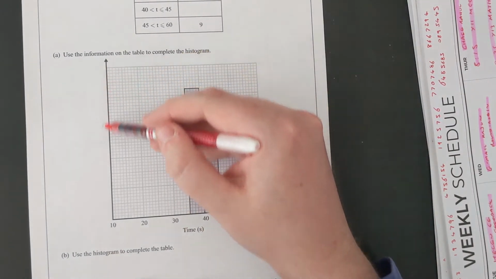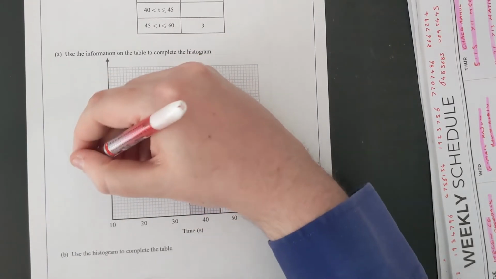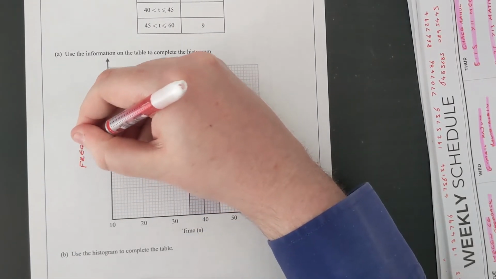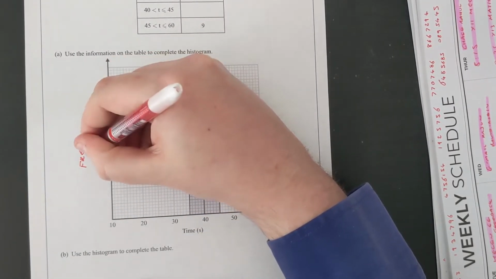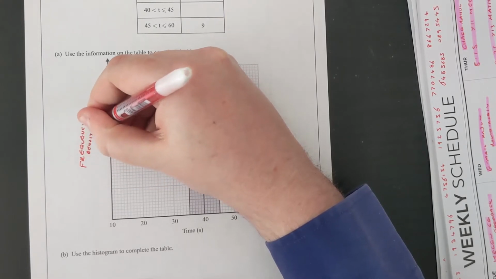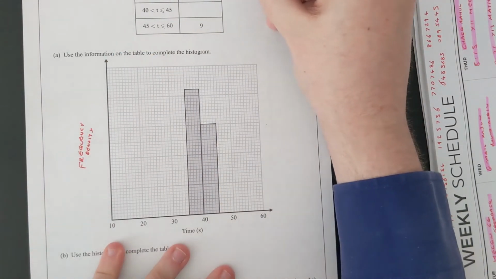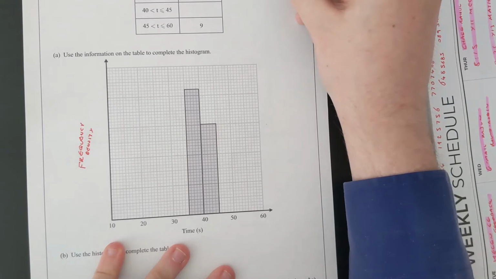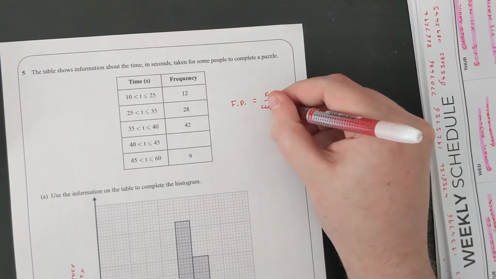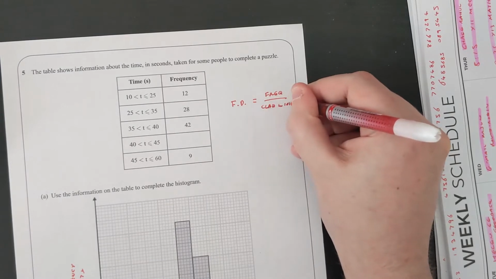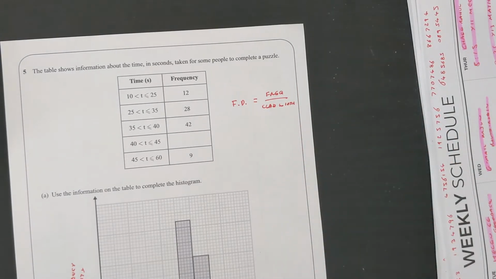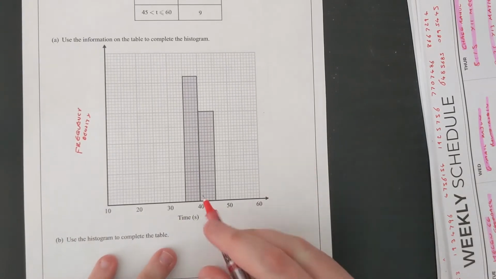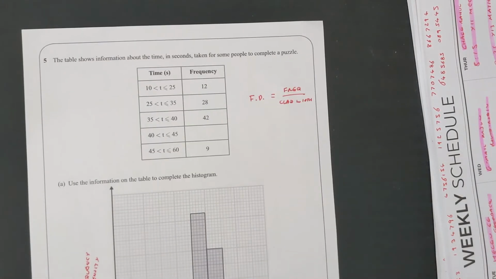And you'll notice that the scale on your y-axis, which for a histogram you know, I would hope, is frequency density, is missing. And indeed we know that frequency density is given by your frequency divided by your class width. So if we look at what we know on our histogram, we know 35 to 40 and 40 to 45.